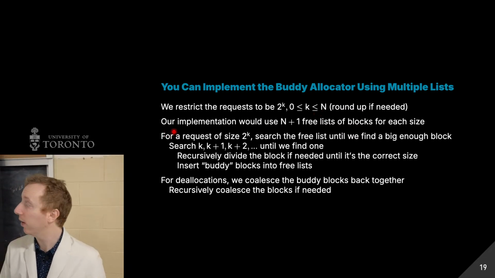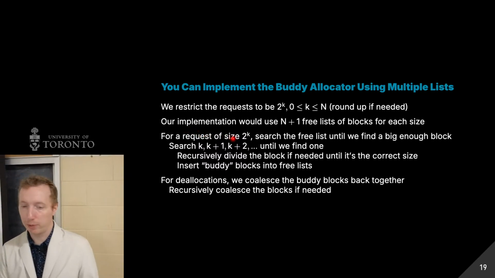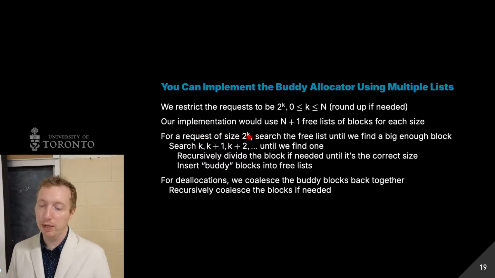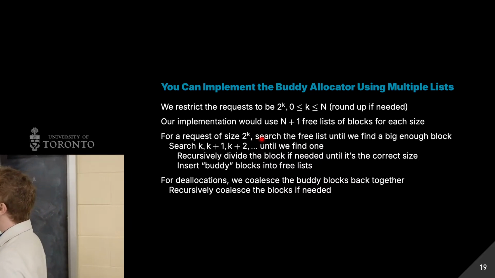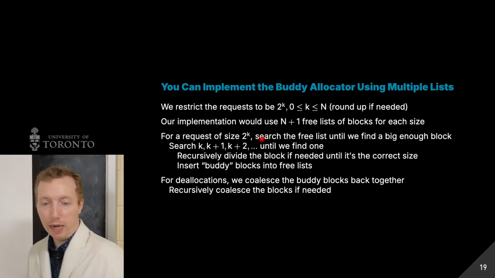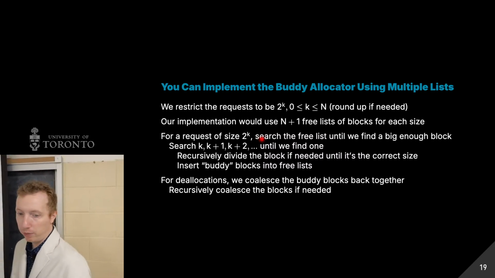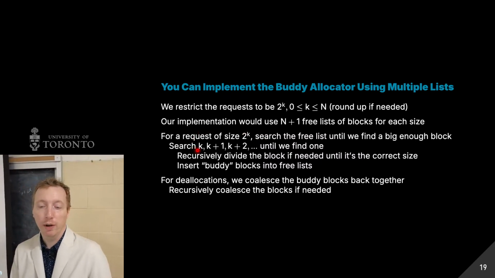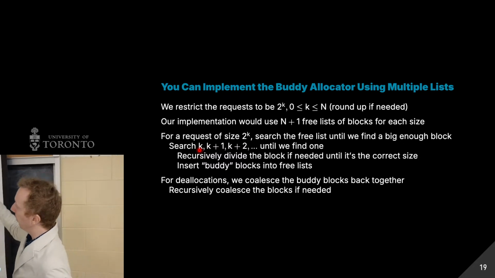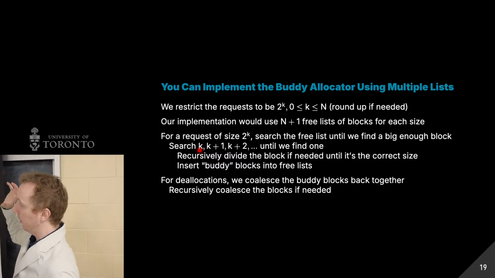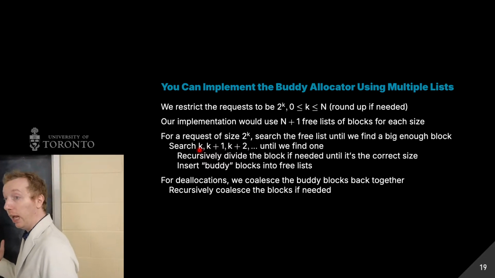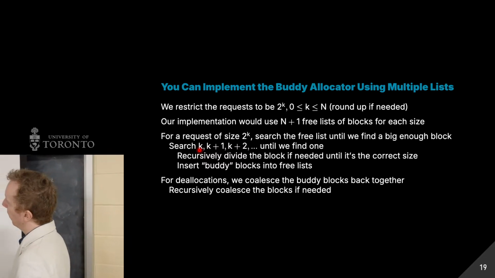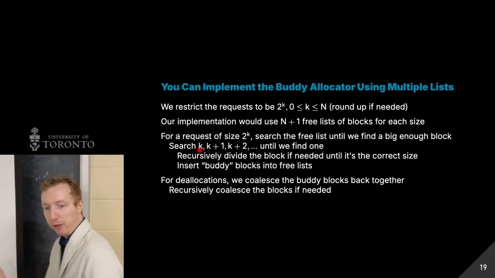So how this algorithm would work is if we get a request that comes in that's 2^k, we just search the free list until we find a big enough block. And we only need to search one entry in the free list. So we search for a block that is exactly the same size, so we'll search for k. For example, if it's an allocation of 64 bytes, we will search the 64-byte free list first.